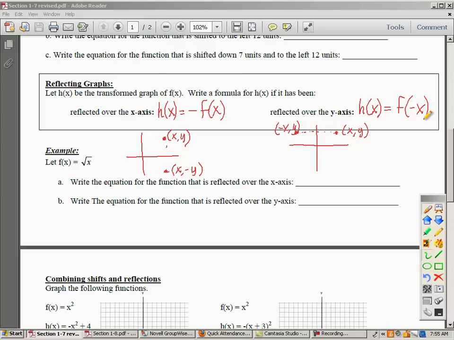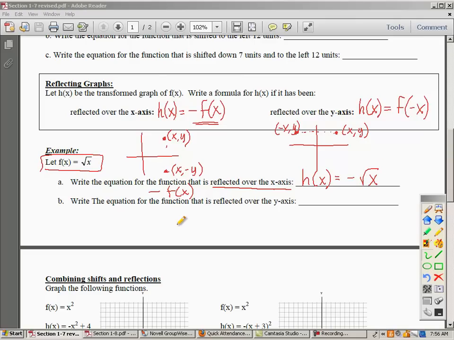Our goal is to figure out, given the function f of x is the square root of x, how that equation could look if it's first reflected over the x-axis. Well, if I reflect over the x-axis, please remember we're going to make the value of it negative. So this new function h is the opposite of my original function, negative f of x.